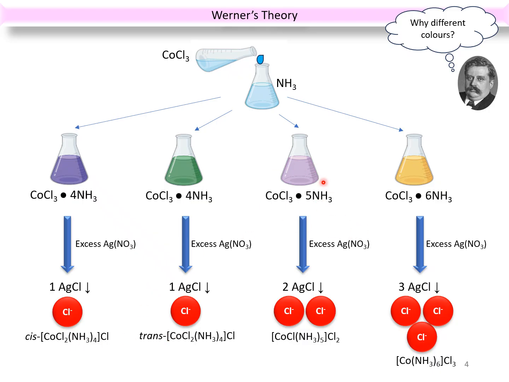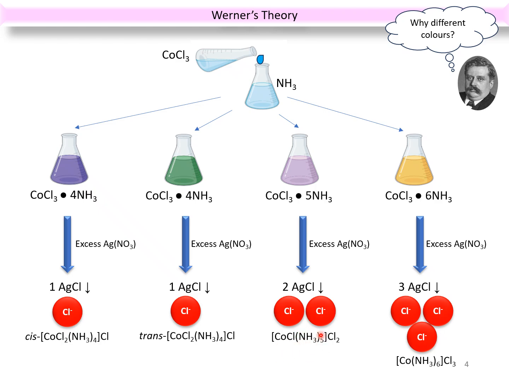The purple solution precipitated 2 equivalents of silver chloride, which shows that out of 3 chlorides from the raw material, 2 were non-coordinating chloride ions, while only 1 served as the coordinating ligand within the coordination sphere.